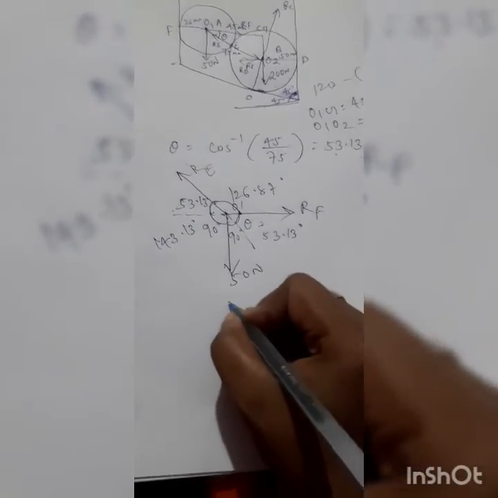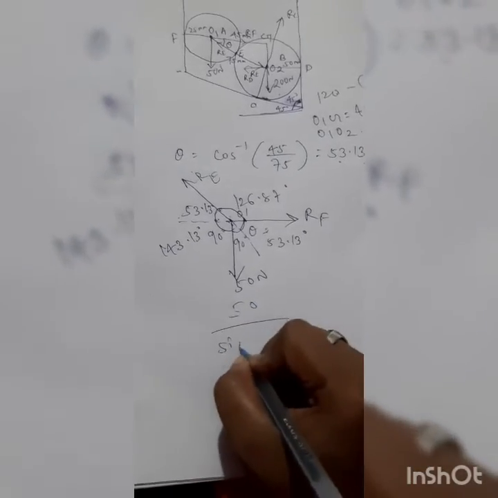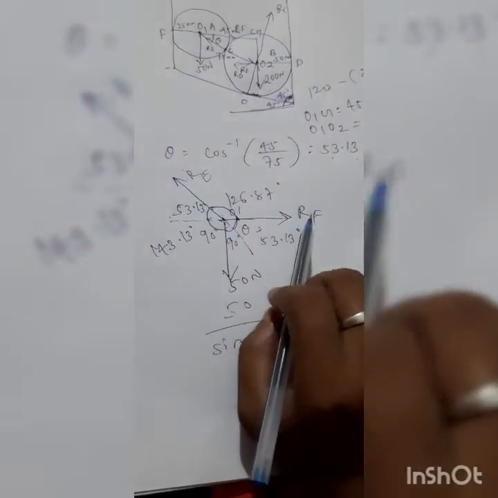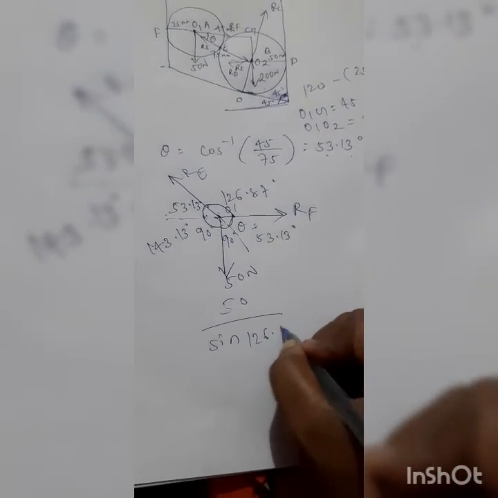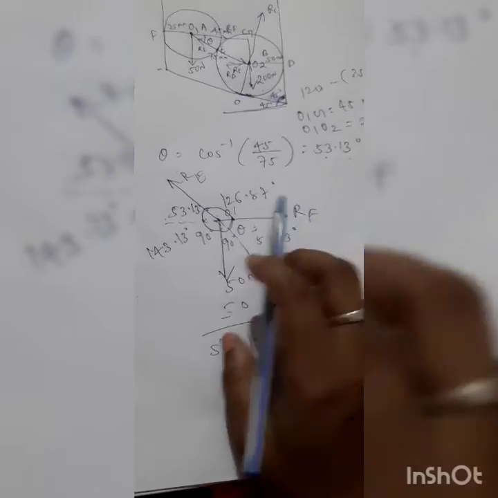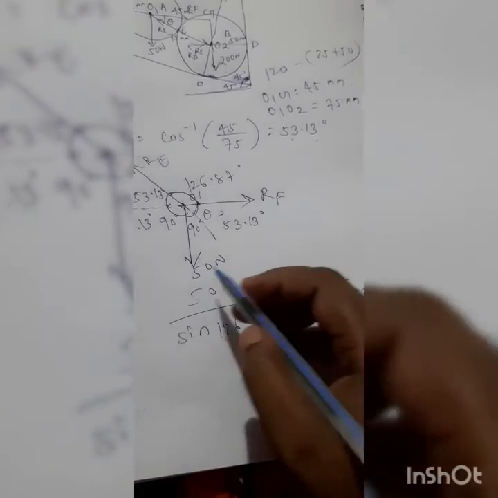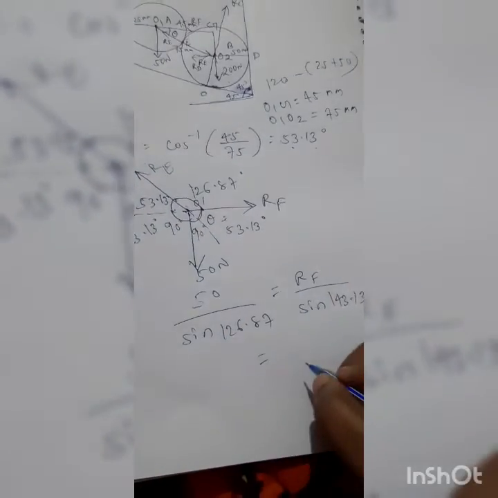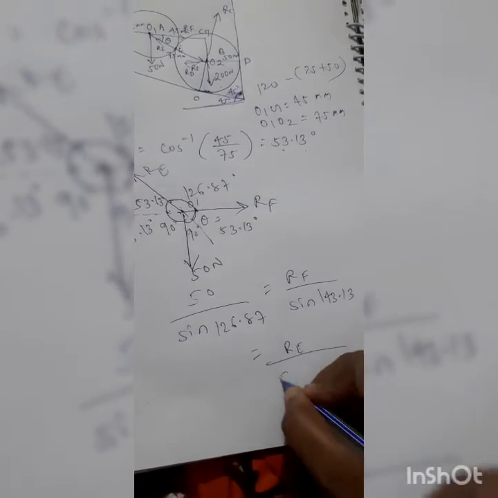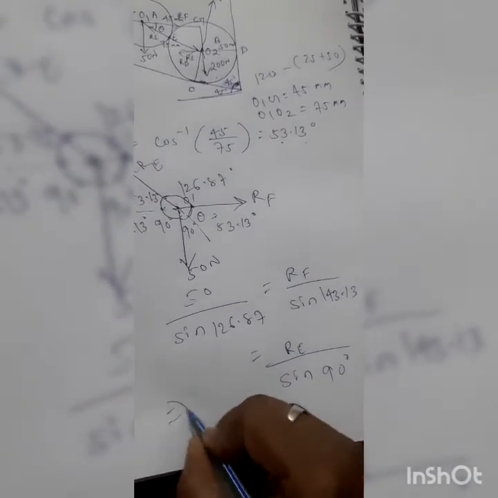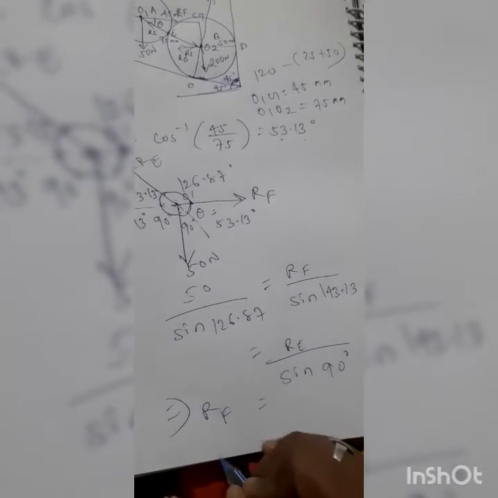So 50 divided by sine of the angle between RE and RF, sine 126.87, is equal to RF divided by sine of the angle between RE and 50, that is RF divided by sine 143.13, equal to RE divided by sine of the angle between RF and 50, that is 90 degrees. So here we can calculate the values of RF and RE.